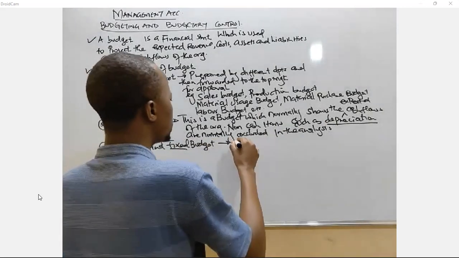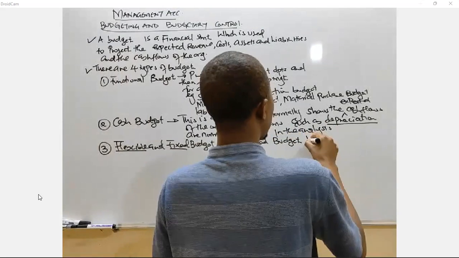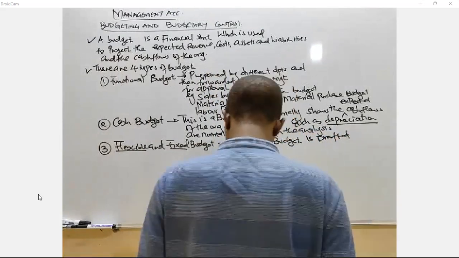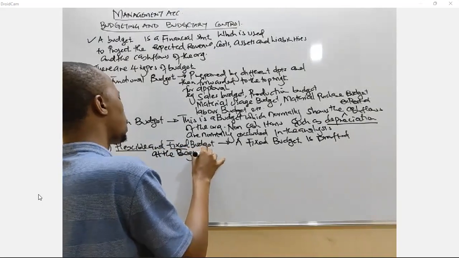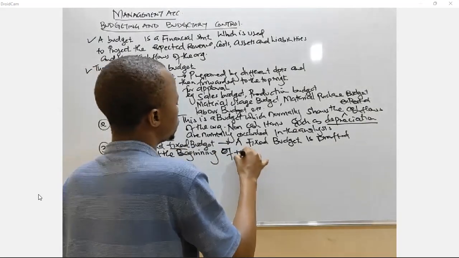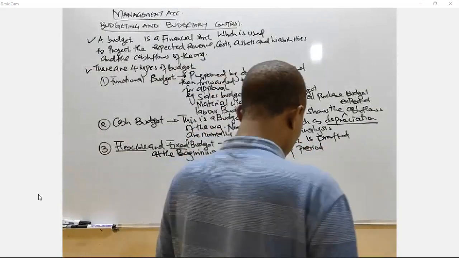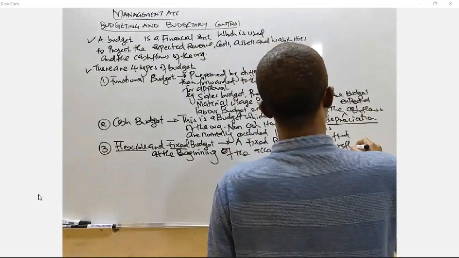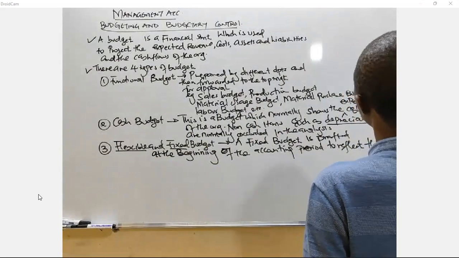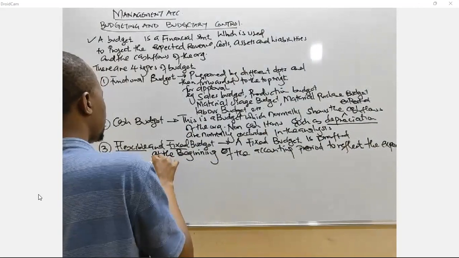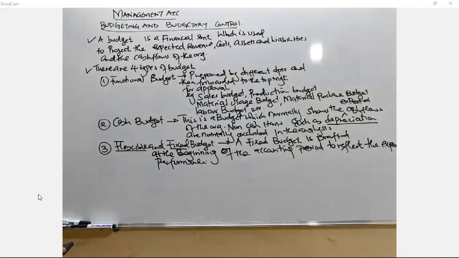A fixed budget is normally prepared at the beginning of the accounting period to reflect the expected performance.